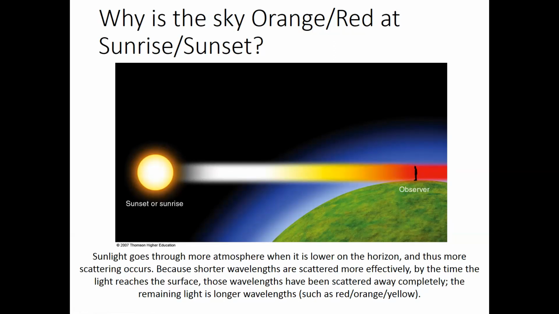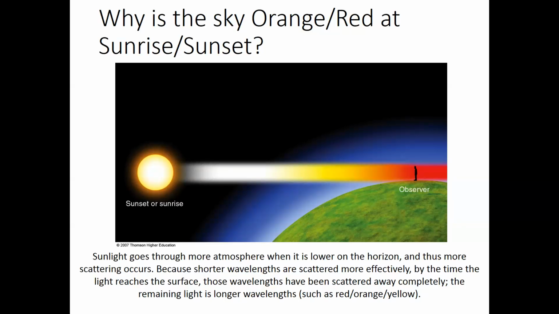The remaining light, the light that wasn't scattered, as it approaches the surface, is then scattered by all the gases in the atmosphere. But at this point, all the blue light's been scattered away. So the remaining light is yellow, then orange, then red.